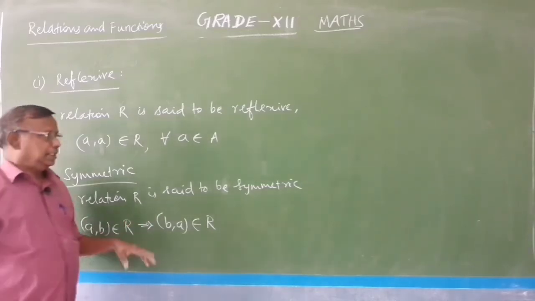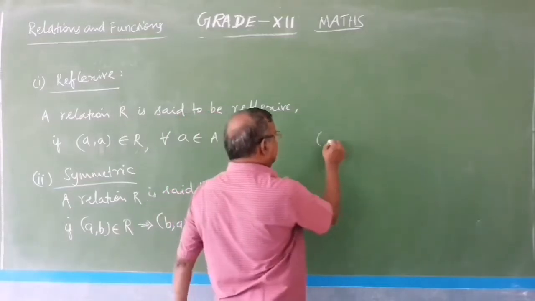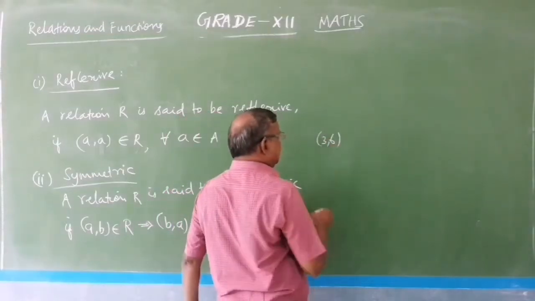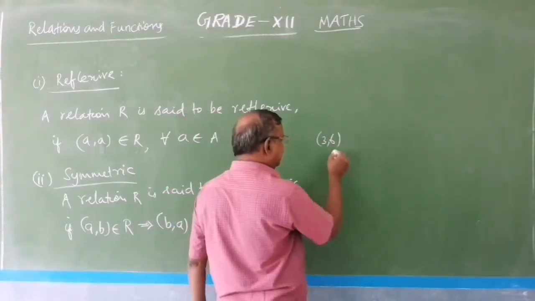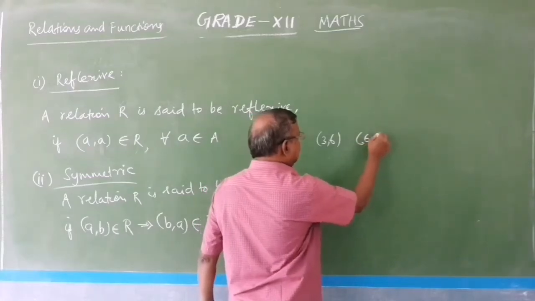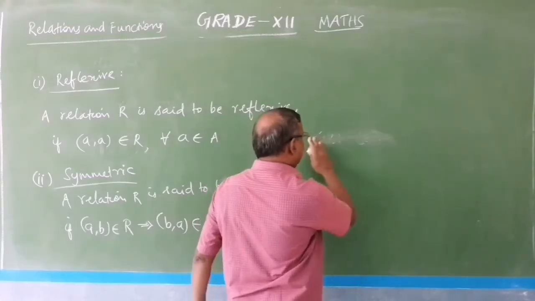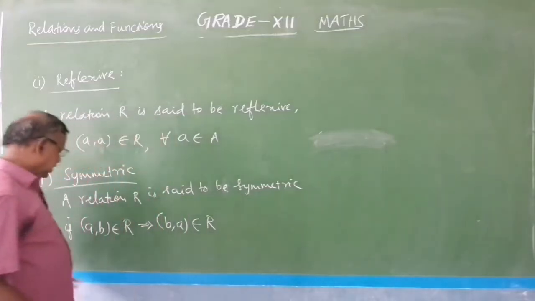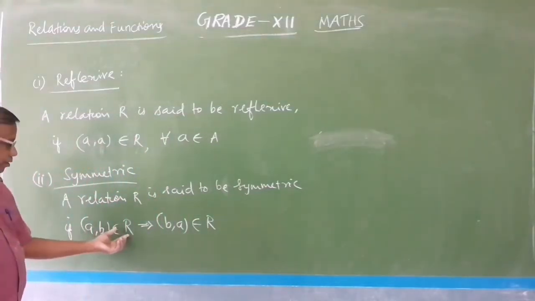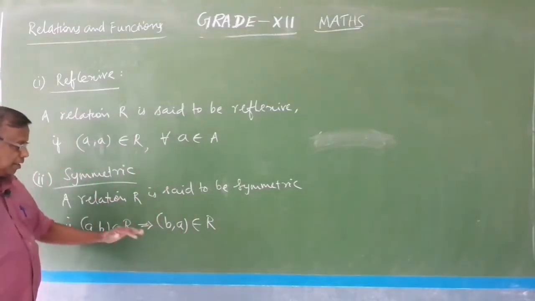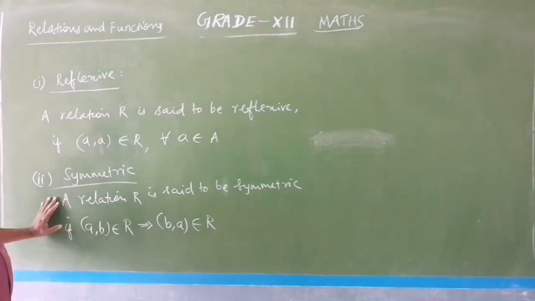Suppose in a relation we find (3, 6) as an element of R, then we must have (6, 3) as an element of R.